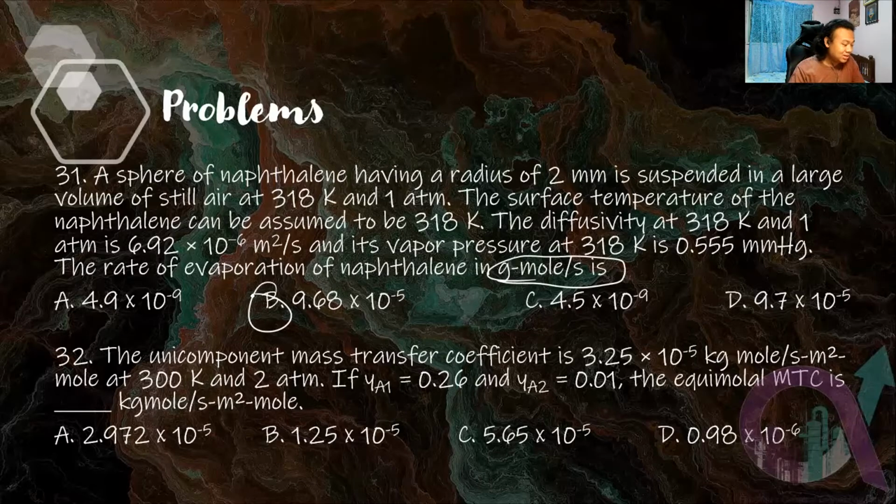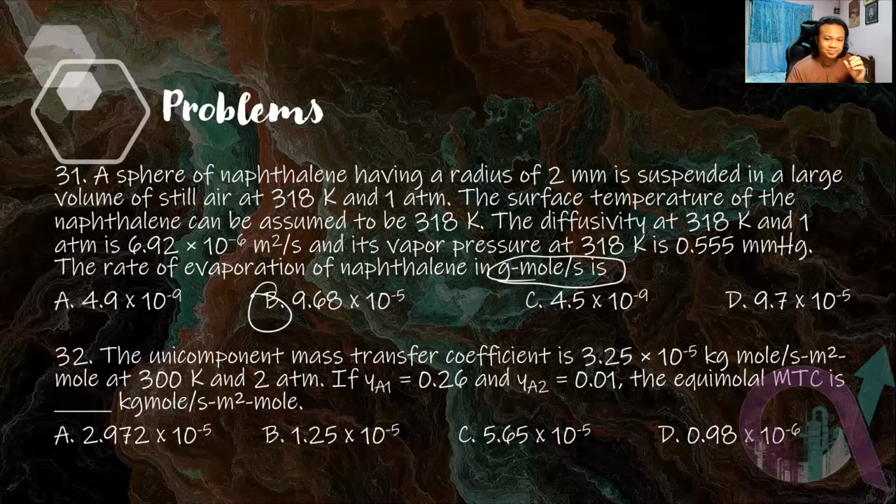Number 32 is actually a transformation. You have to transform from unicomponent to equimolal. So how do we do that?